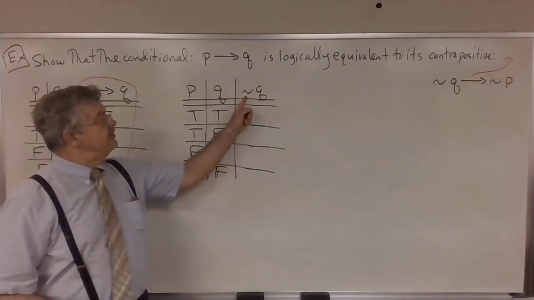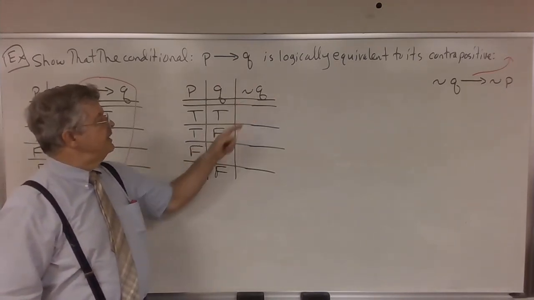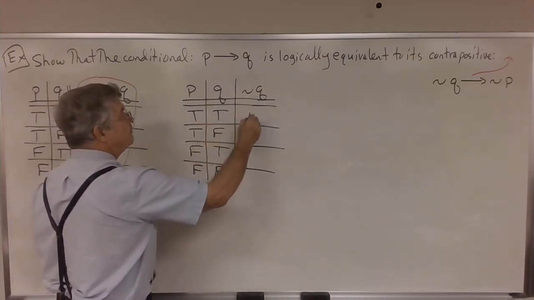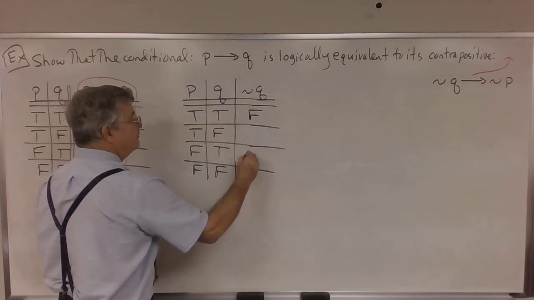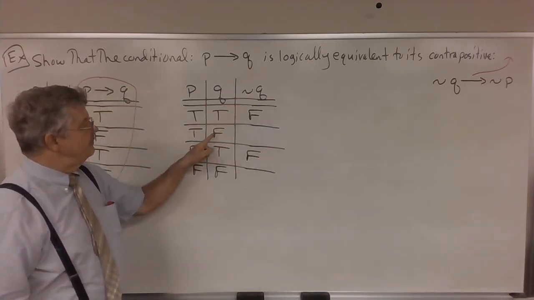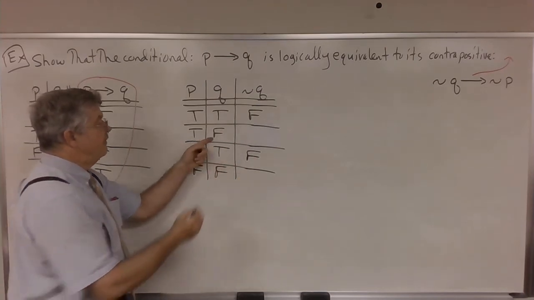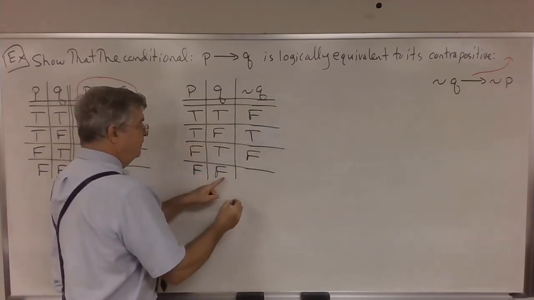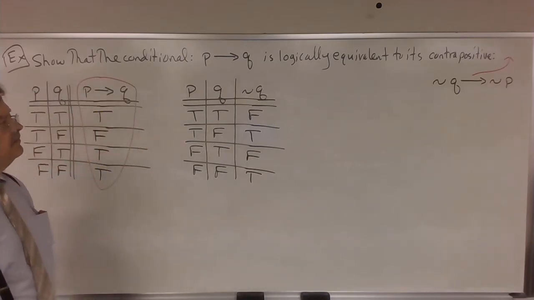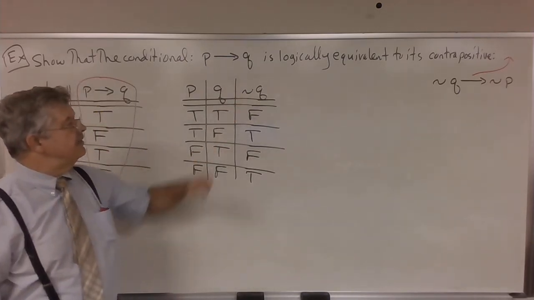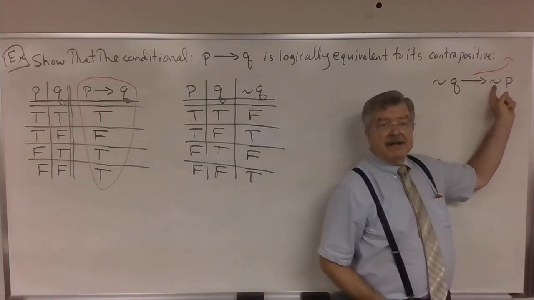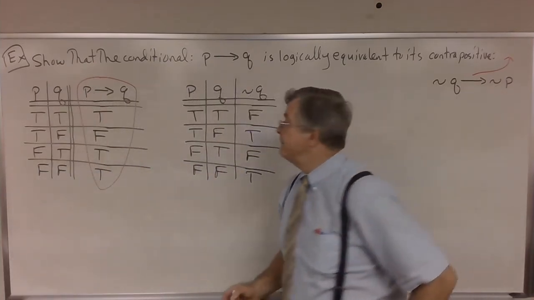And this negation sign in front of the Q changes the truths to falses. So true goes to false, true changes to false, and the negation sign changes falses to truths. False becomes true, false becomes true. So we got the column for not Q, and we're going to need a column of truth values for not P as well.